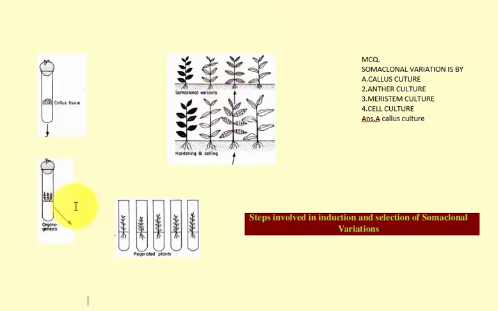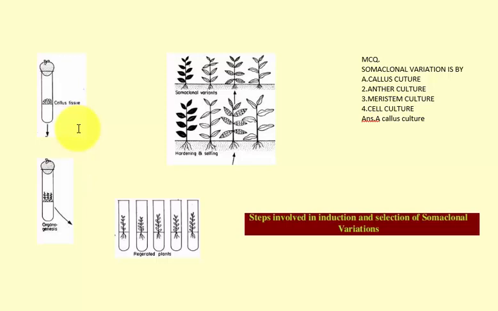Okay, so this is all about somaclonal variation. Here is one question. Somaclonal variation is by which culture? Callus culture, anther culture, meristem culture, or cell culture? The answer is callus culture. Once the callus is produced, the callus tissue will give rise to other organs, that is the root, stem and other organs, by the organogenesis process, right?